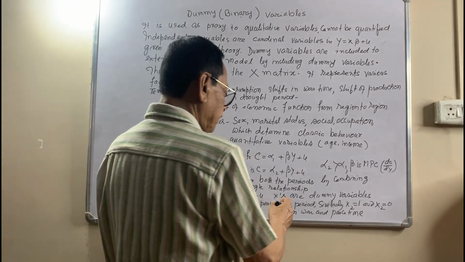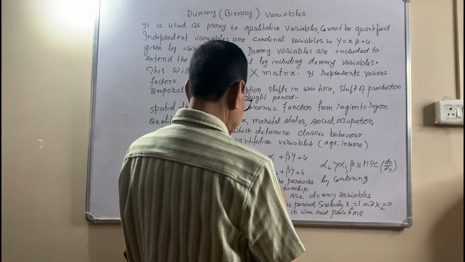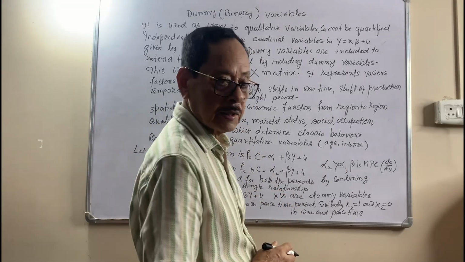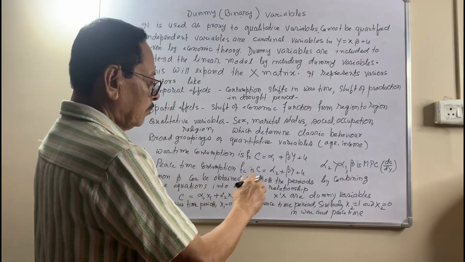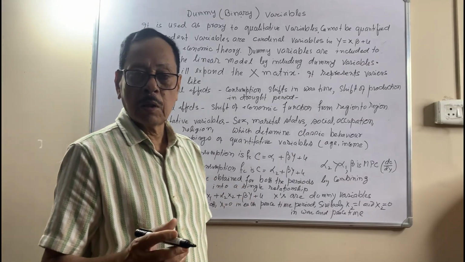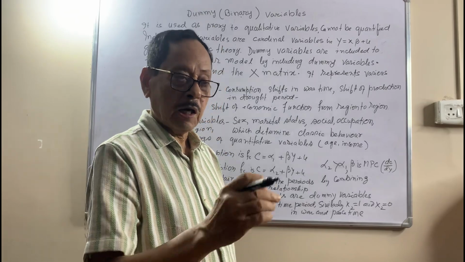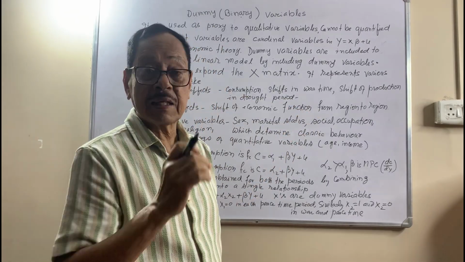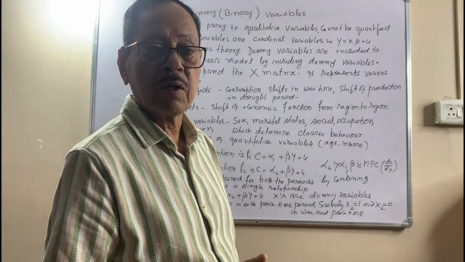For peacetime, X2 is equal to 1, otherwise it is 0. So we'll discuss how the dummy variables are put in the data sheet and how it is regressed.